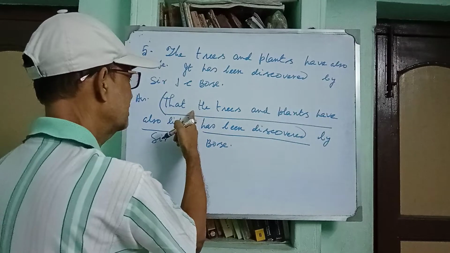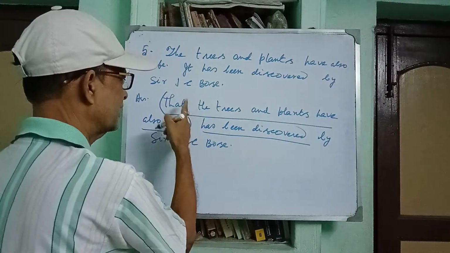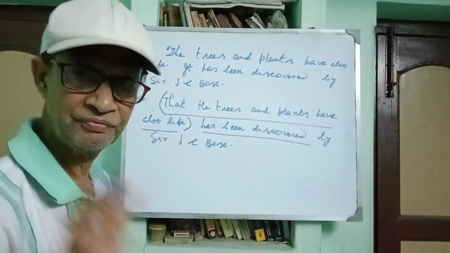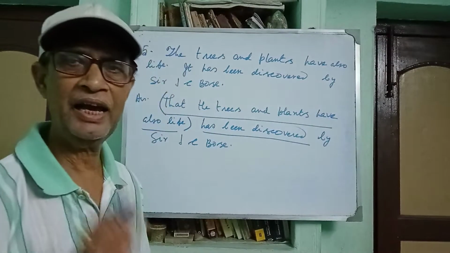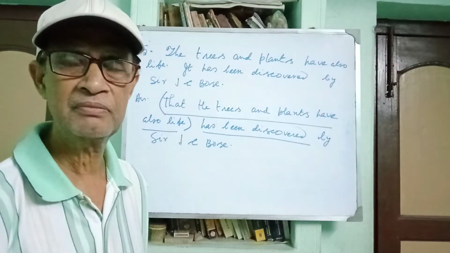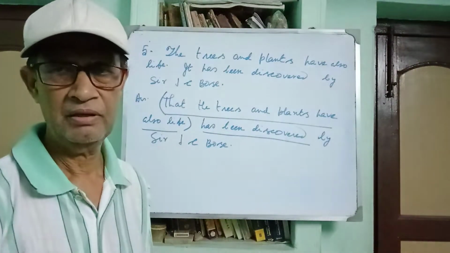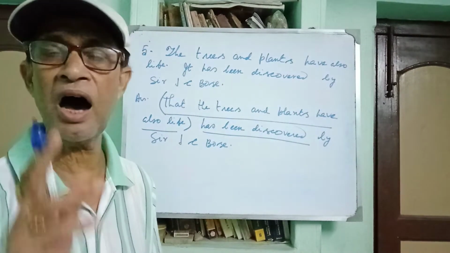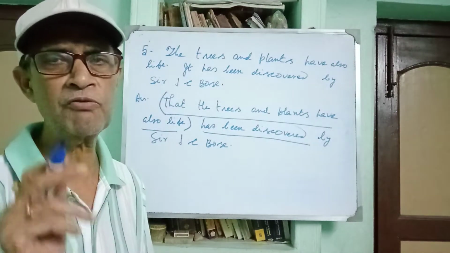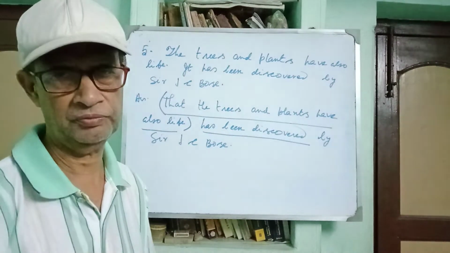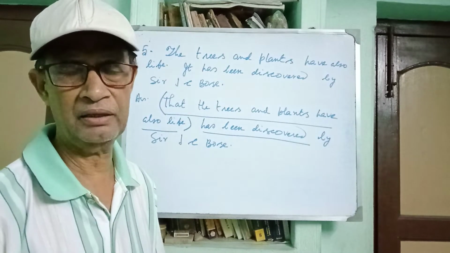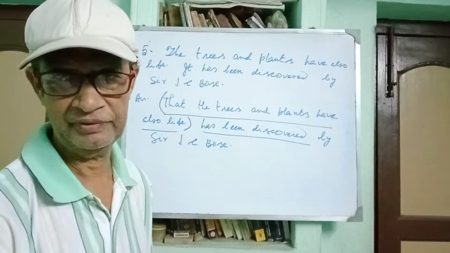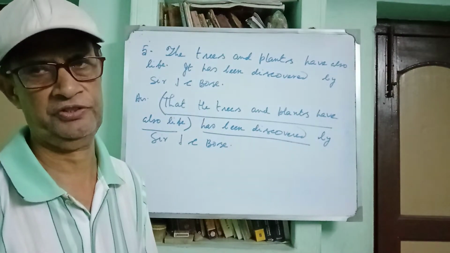So it is the noun clause, and this noun clause is acting as the subject to the verb has been discovered. Clear? So a noun clause subject to the verb generally begins with a noun clause word like who, what, when, where, that, etc. And you are sure that it will begin with a noun clause.